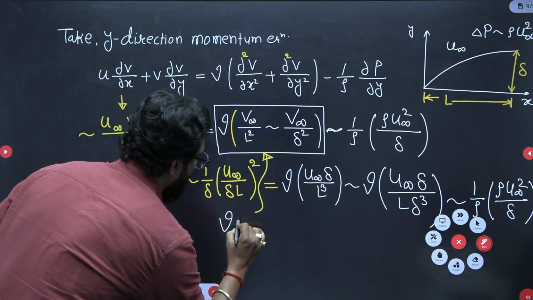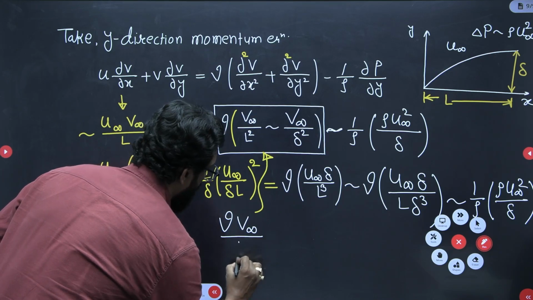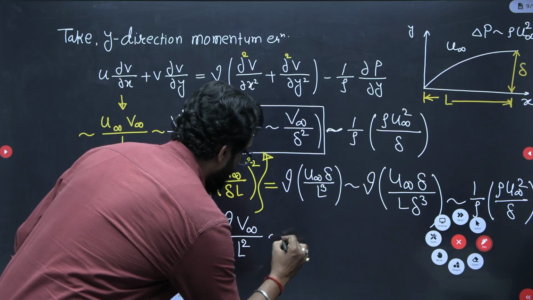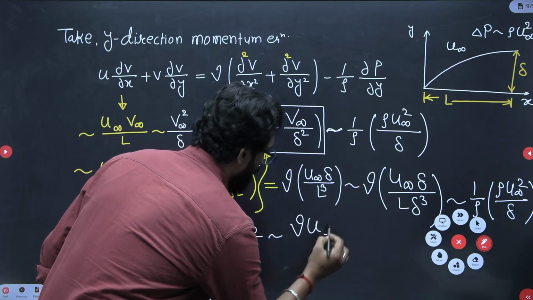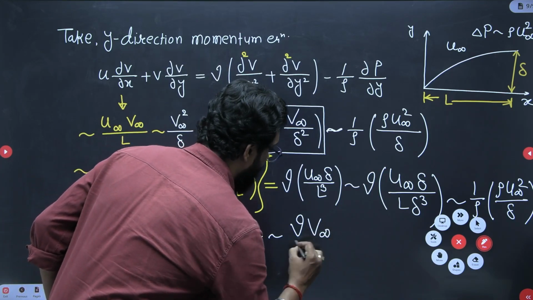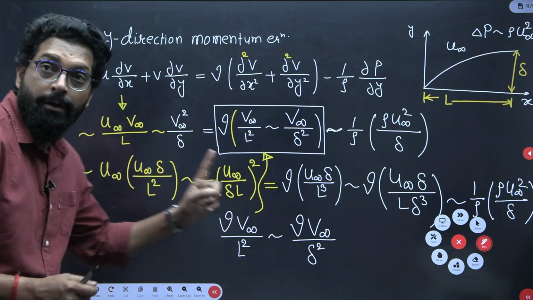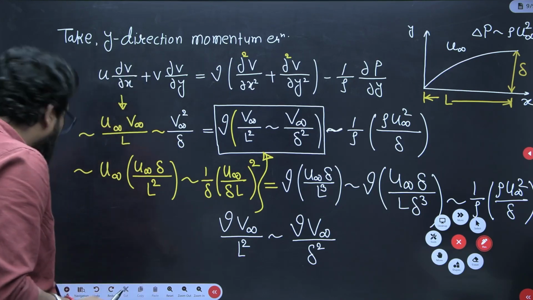Kinematic viscosity V infinite by L square, yes or not? L square is there. The order of magnitude kinematic viscosity V infinite by delta square. No, my dear. See, if we multiply here, what is that?